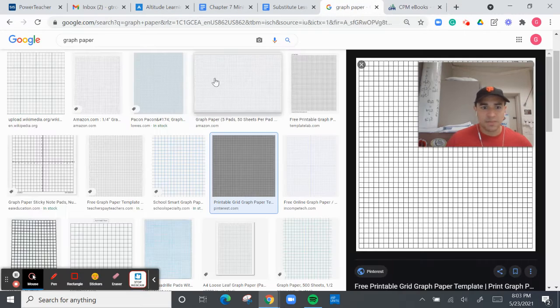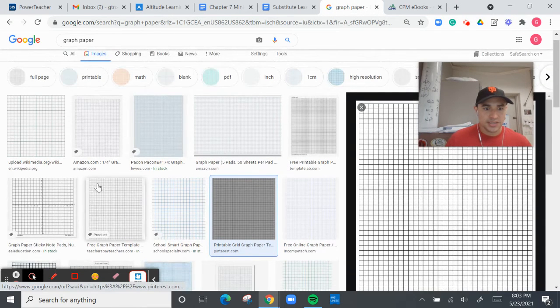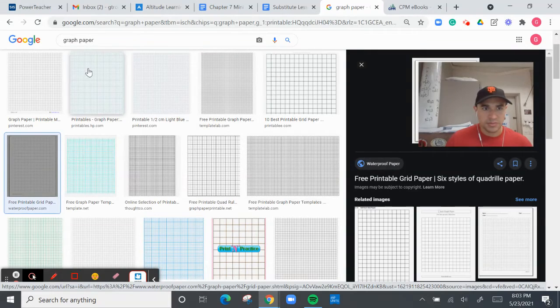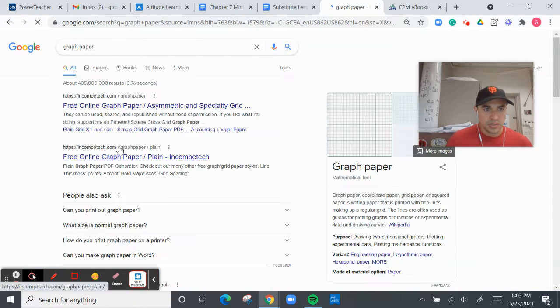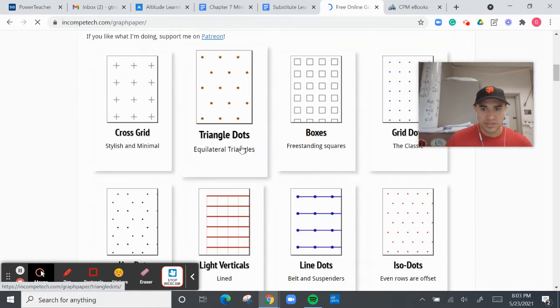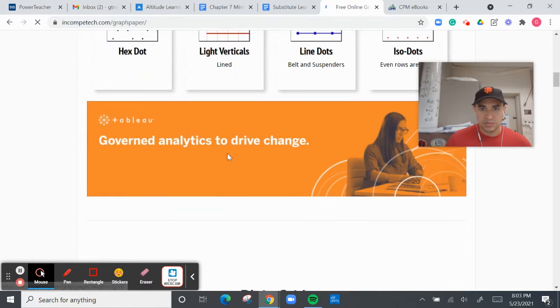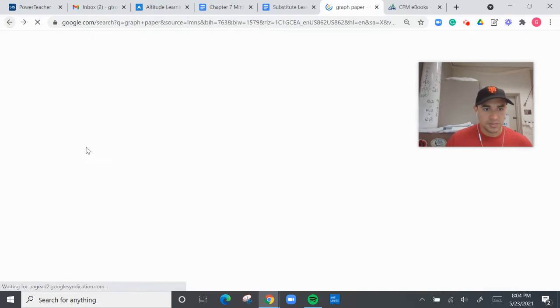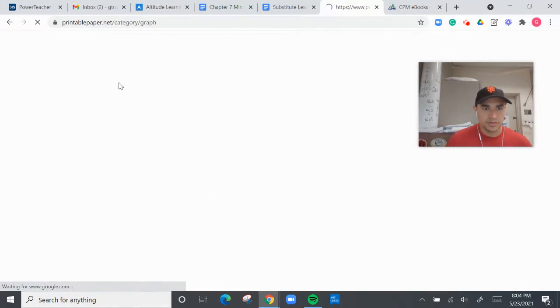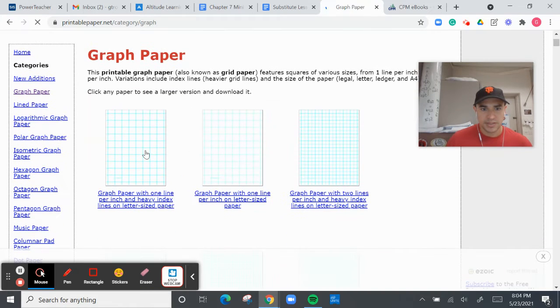Let us get some graph paper. Let's see, printable graph paper. Online graph paper. I don't want dots. Free graph paper. Printable paper. There we go, that's better. Yes, we want this one.